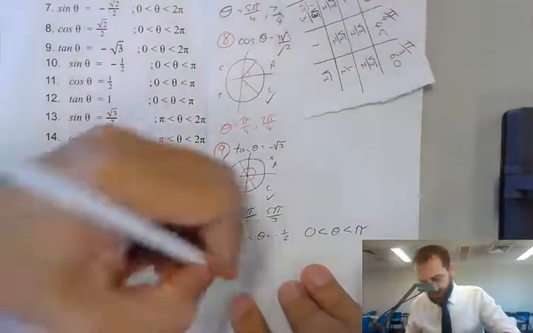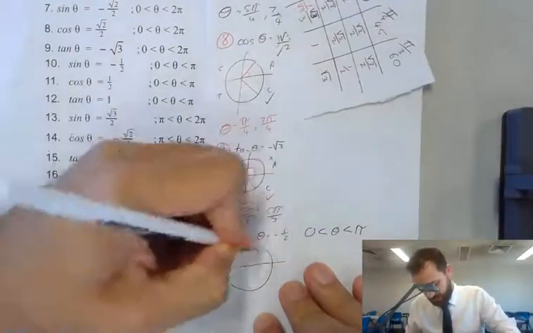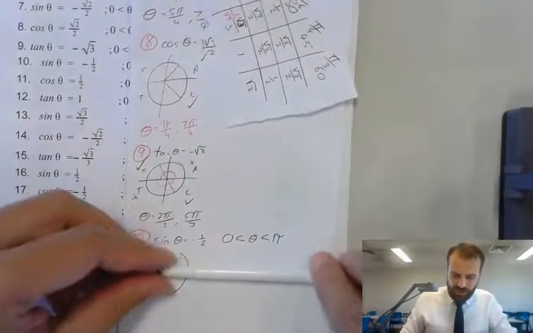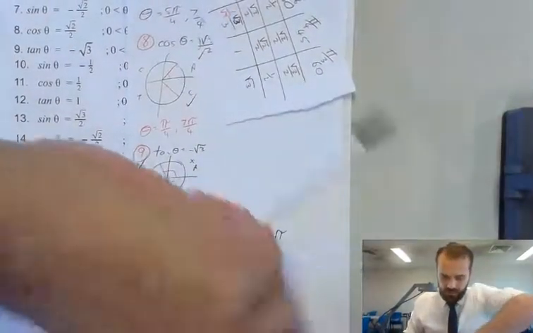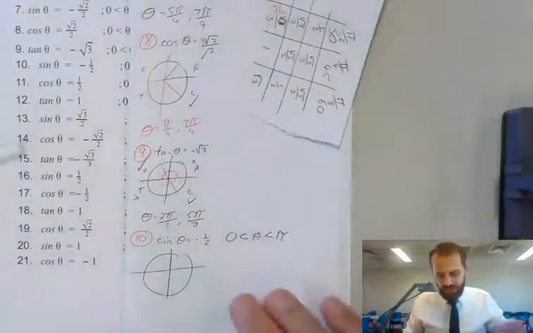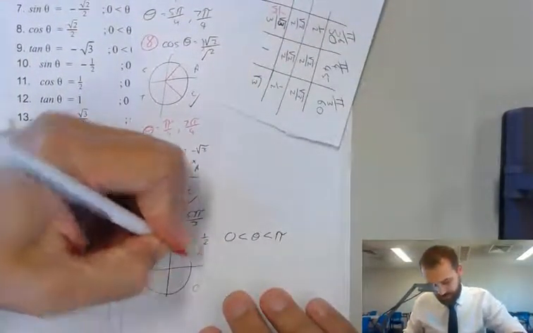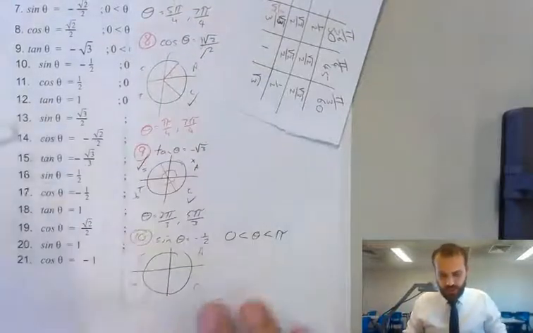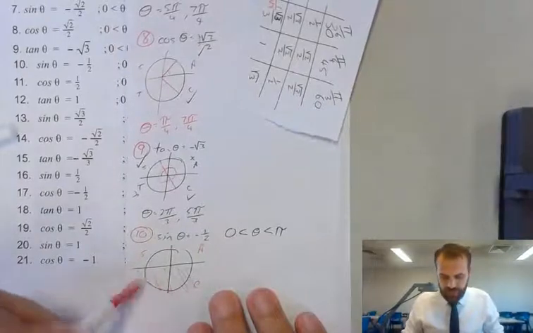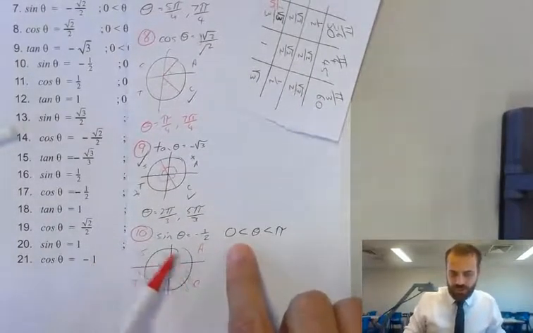So when I draw my circle, 0 to pi is only 180 degrees. It's only from here to here. So we need to be very, very careful. In this question, we're ignoring the bottom half of this circle entirely, because it's only the top half that matters.